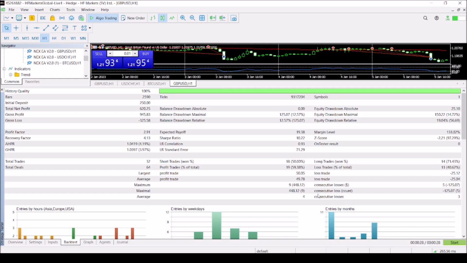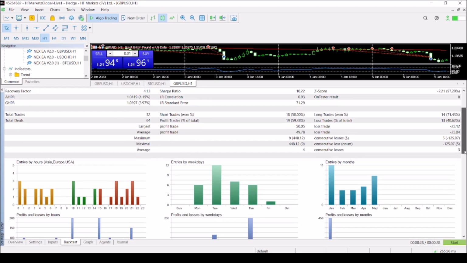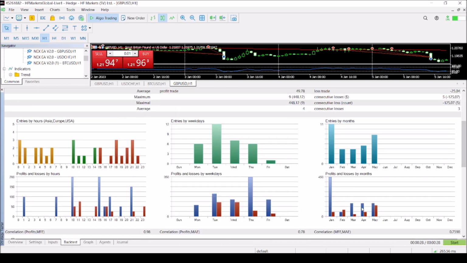Some important parameters from this is how many consecutive losses. The consecutive losses for this period was actually 3, and then this was how the distribution of the profits within the months. Of course, like any other trading month, we can see that not each and every month will be profitable, but we'll need more months that are profitable.